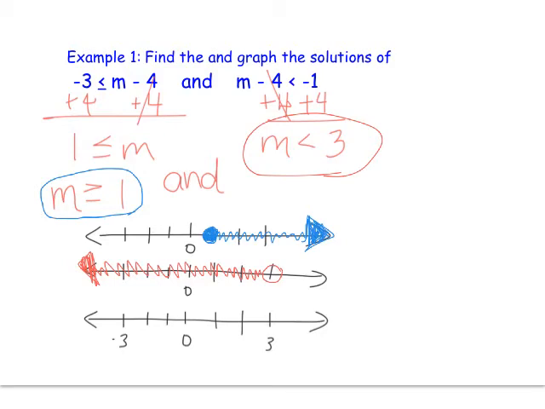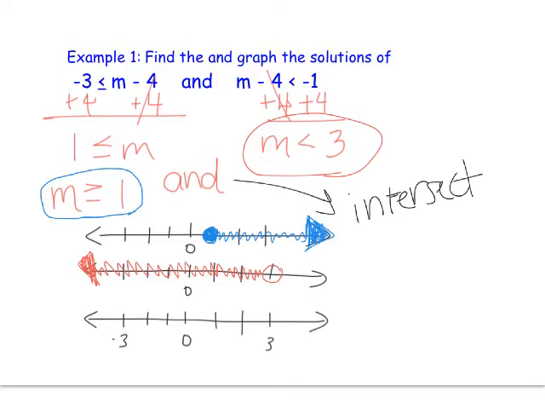I want to find the overall solution set, and the overall solution would include wherever these two graphs would intersect if I put them on top of each other. So the word and means the intersection.